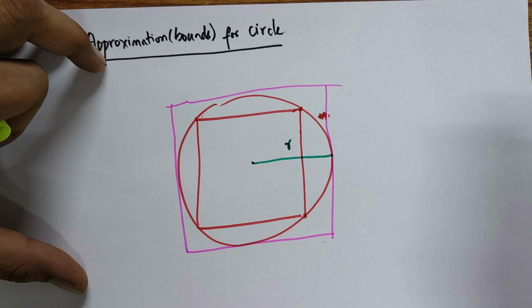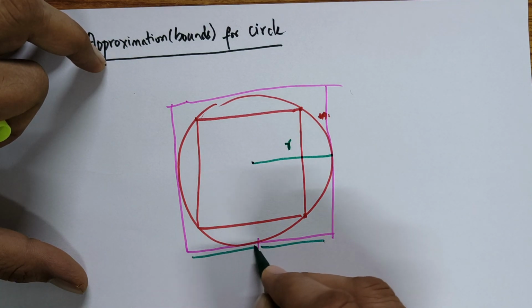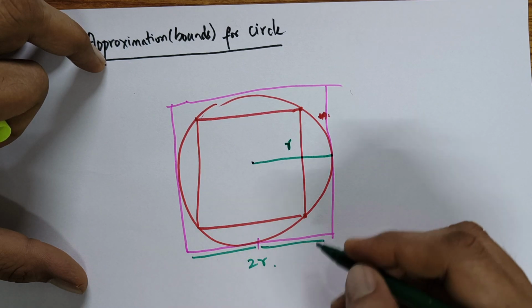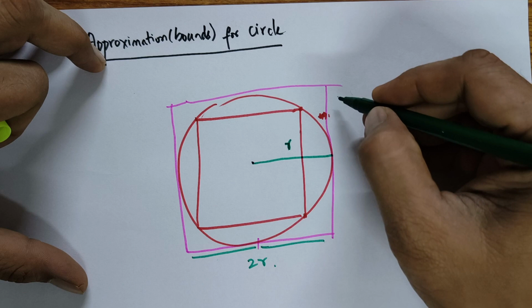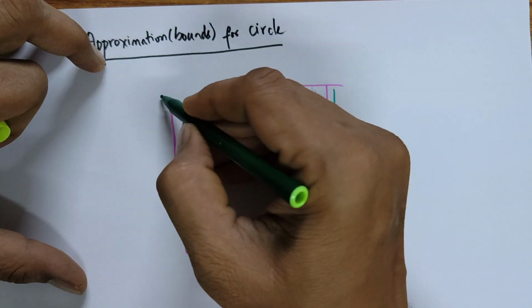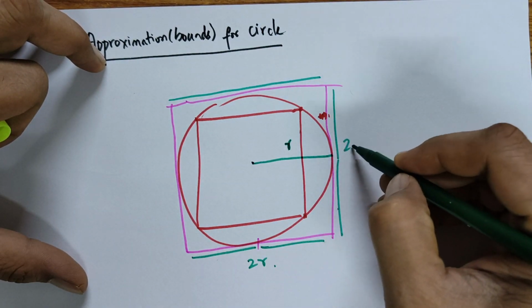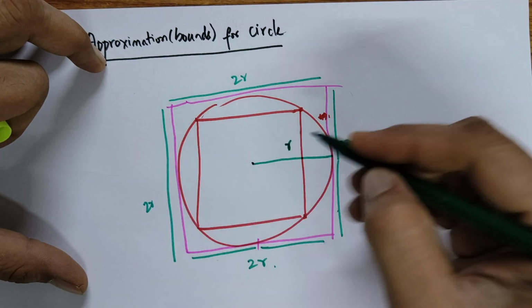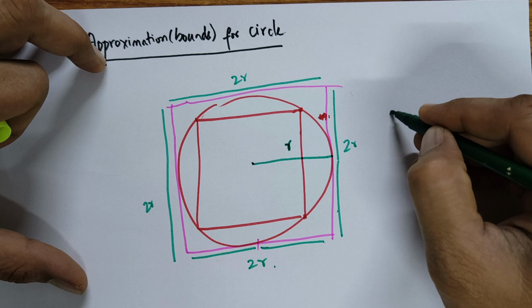This is r, then there are two r's in every side, right? So this is 2r, 1r here, 1r there. So all around I have 4 of these. This is r, this is r, this is also 2r. So the perimeter going all around is 8r.